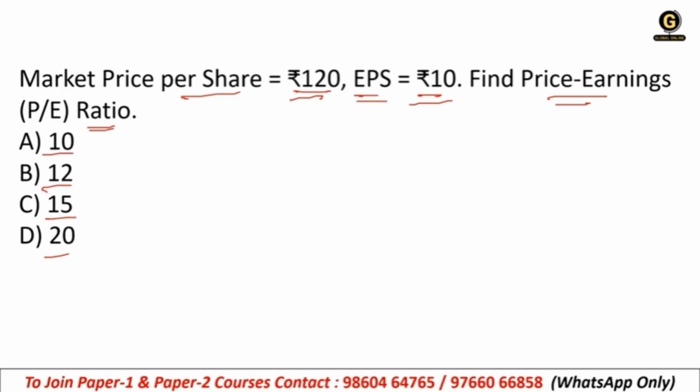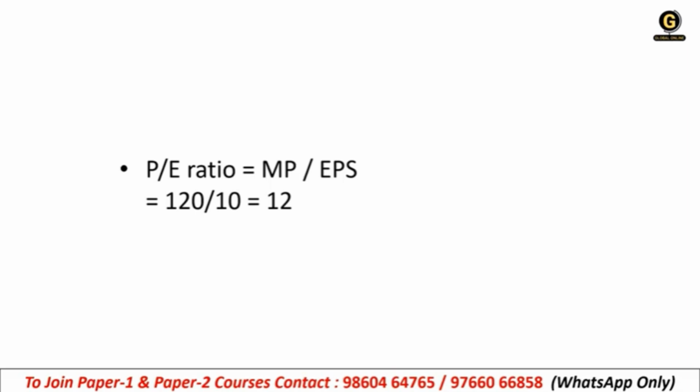The right answer will be option B, that is 12. The formula of the PE ratio is market price divided by EPS. We have market price of rupees 120 and EPS of rupees 10. When we calculate this in the formula, we have 12 as the PE ratio.